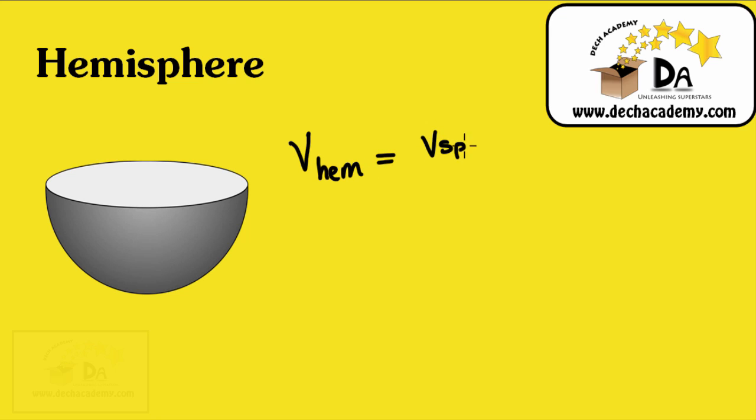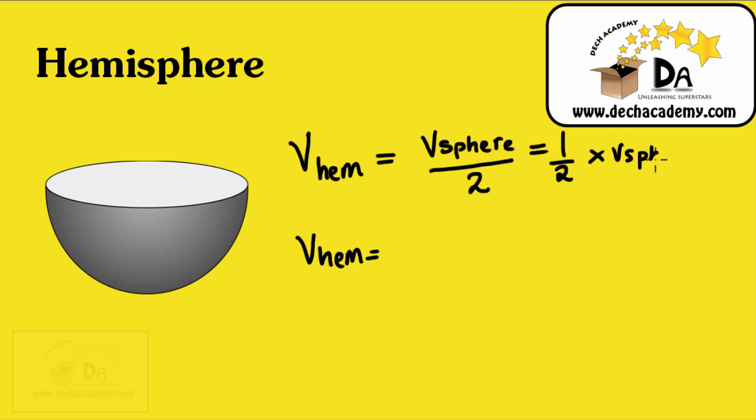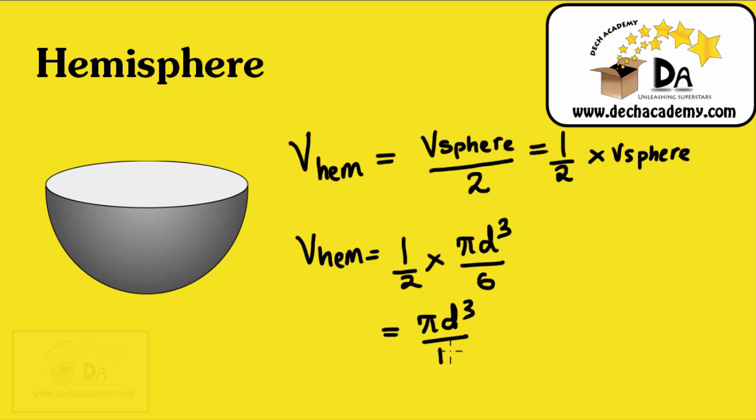So that's the volume of a sphere divided by 2, which is the same thing as half times the volume of a sphere. So volume of a hemisphere is half times, what's the volume of a sphere? Well, one version is pi d cubed divided by 6. So the volume of a hemisphere is pi d cubed divided by 12.